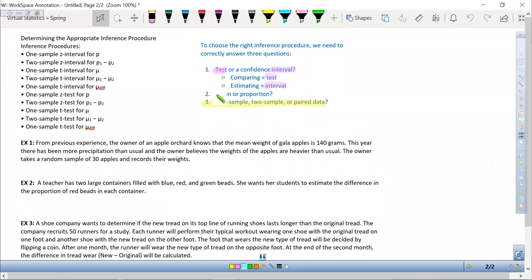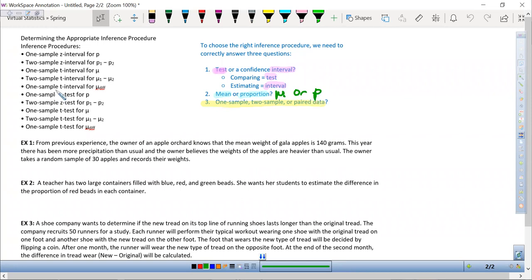Finally, whether it's a mean or a proportion tells us which type of test or interval we're doing. Remember that we're essentially asking, is this going to be mu or is it going to be P?